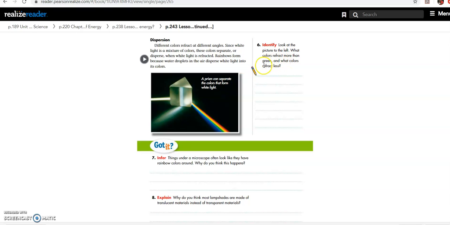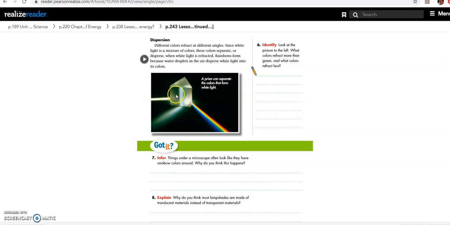We look at question 6. It says identify, look at the picture to the left. What colors refract more than green and what colors refract less? So, blue. Blue refracts more than green. It bends more than green.